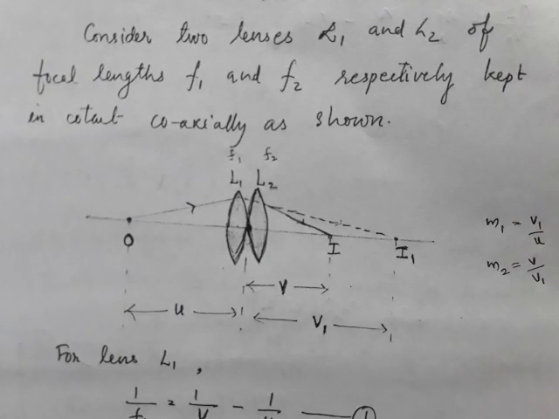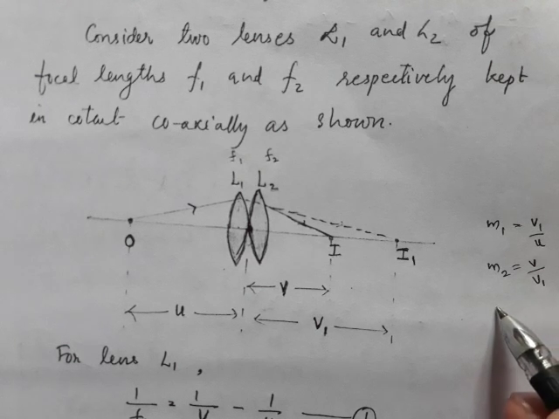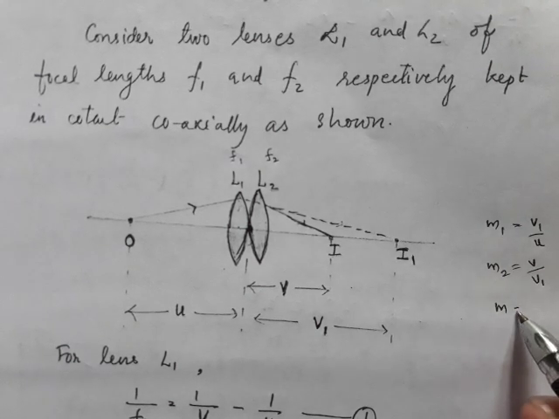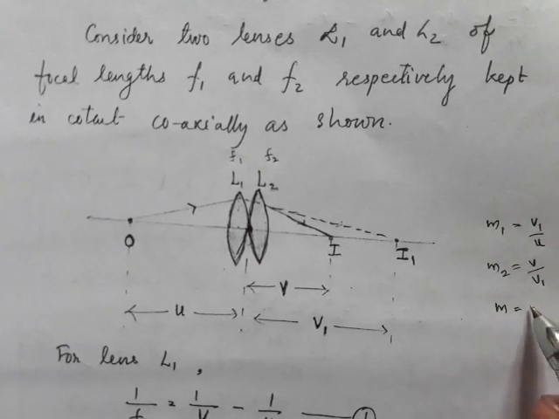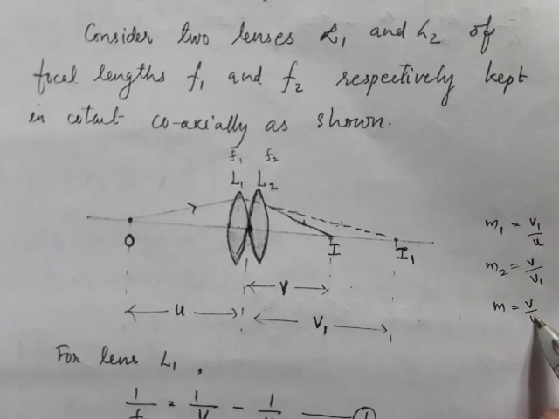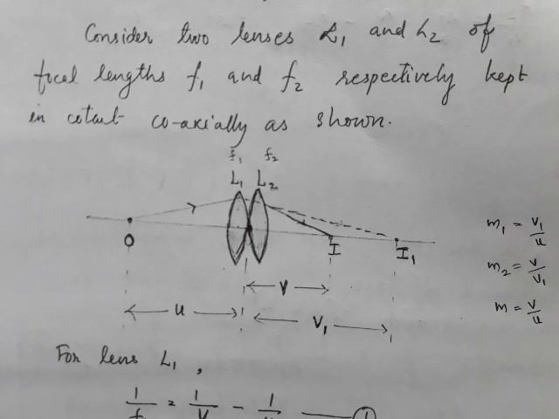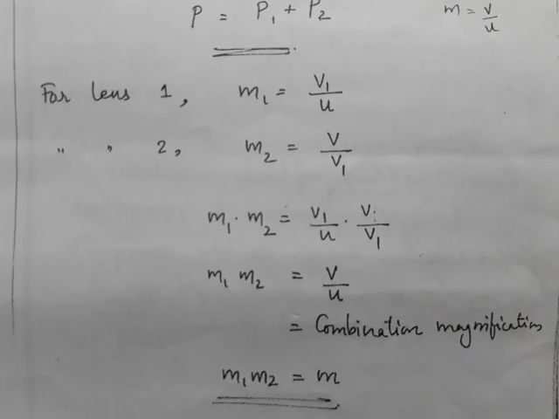And we know that if they act as a single lens, they have only one single magnification, that is m, which is the final image distance divided by the object distance, v by u. So m1 is v1 by u, m2 is v by v1, and together the magnification is v by u. Their effective magnification is v by u. Let's check these equations again.